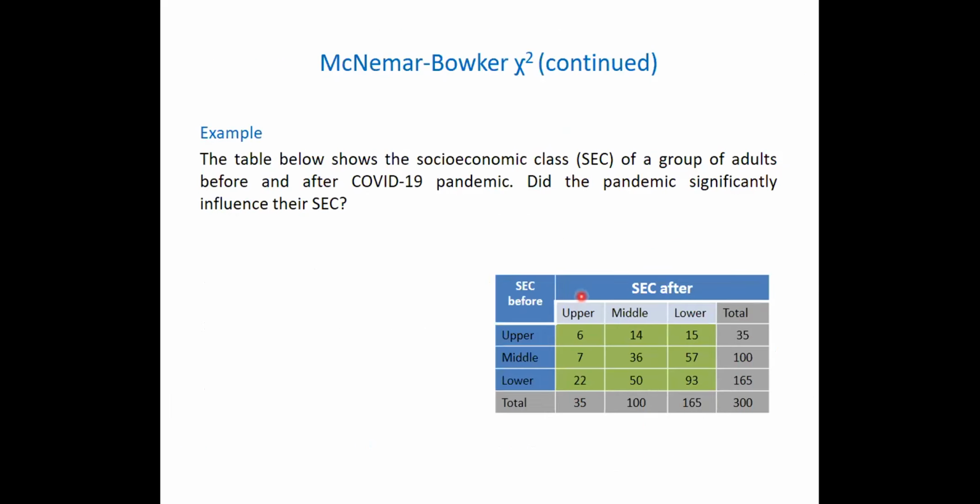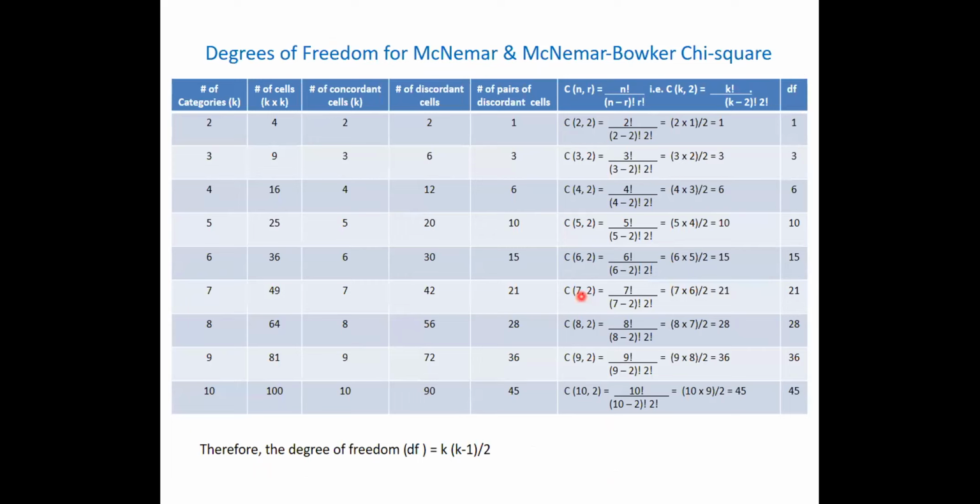So, this one is just to throw some academic something into it. The number of categories: 2, 3, 4. If you remember, when the number of categories is 2, that is the one for McNemar itself. Anything from 3, 4 and above is McNemar-Bowker. So when the number of categories is 2, remember the number of cells will be 4.